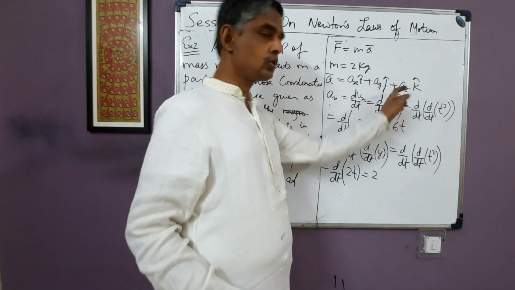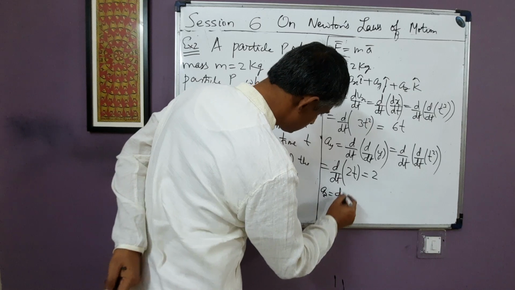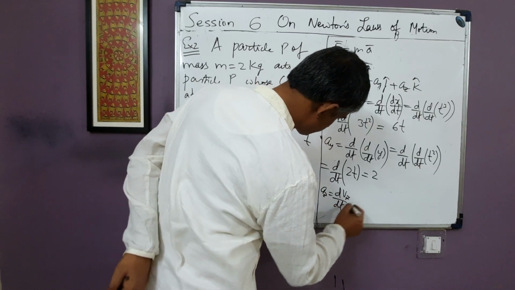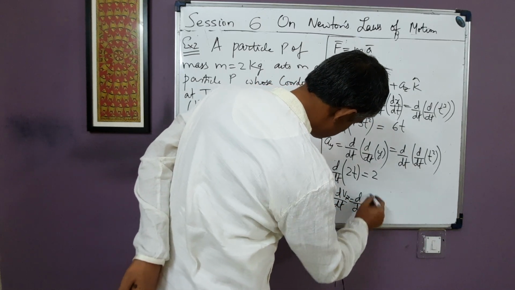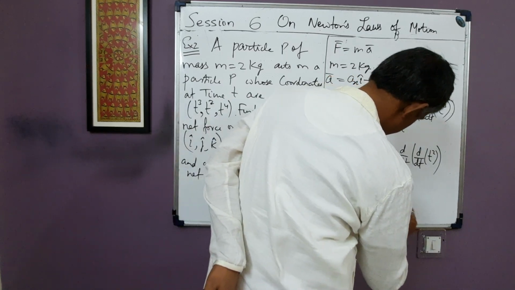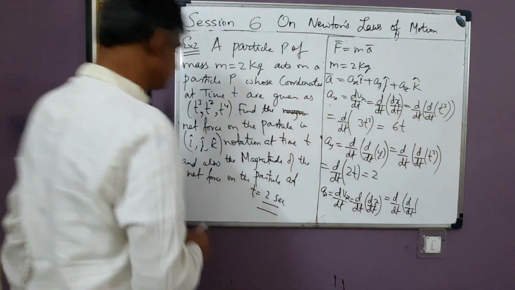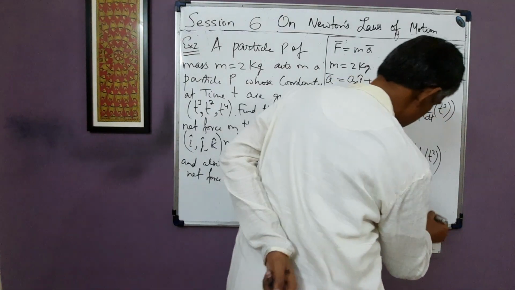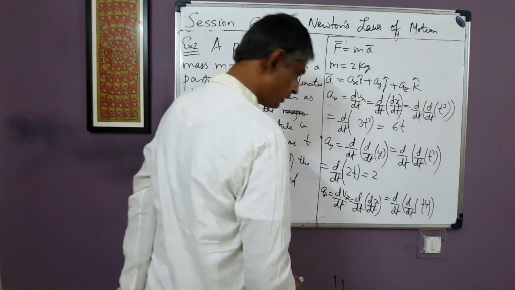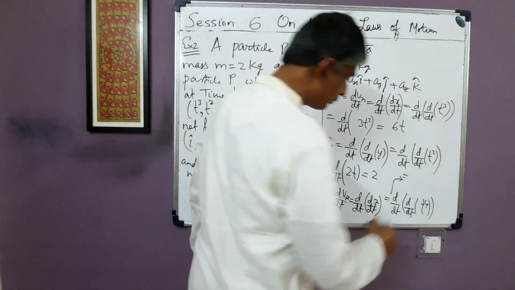Now to know vector A we must know Az. Now Az again will be written as dVz by dt, that will be written as d by dt of dz by dt. That will be written as d by dt of z coordinate, which is t power 4. And when this is simplified, d by dt of t power 4 becomes 4t cube.